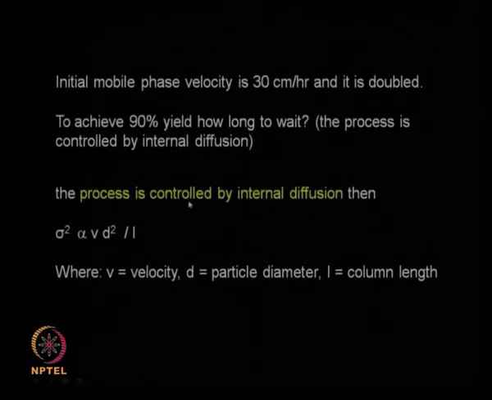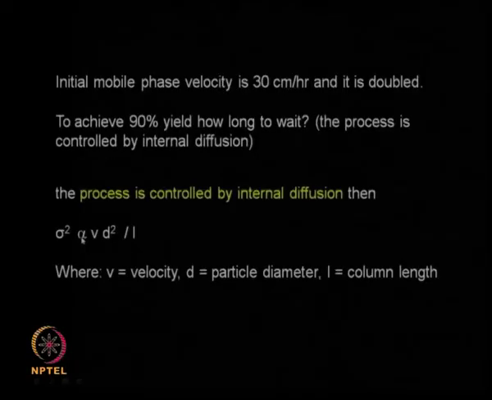Now if the process is controlled by internal diffusion, that means diffusion of the solute inside the pores of the solid matrix, then sigma square is proportional to V, the velocity, d square, d the particle diameter, and L the length. Okay. So here I am doubling the velocity from 30 to 60, so obviously sigma square will get doubled, or sigma will be square root of this number.